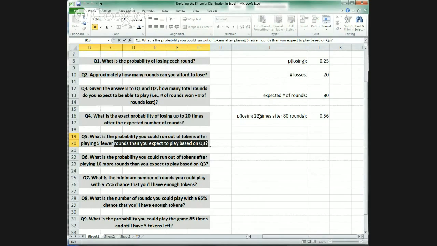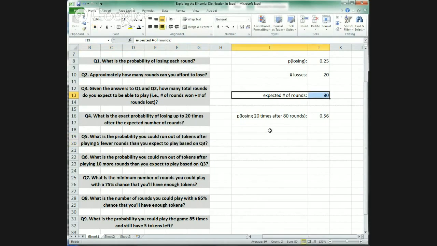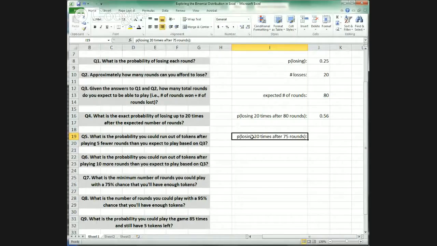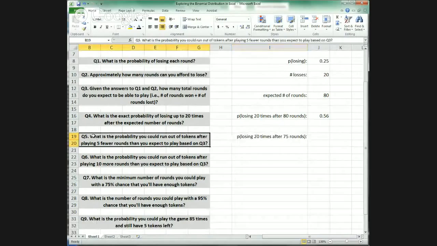So what we need to know here is exactly how many rounds we expect to be able to play. That number based off of Q3 is 80. And so what we're going to put here is the probability of losing 20 times after playing 75 rounds. What is the probability that you could run out of tokens translates into what is the probability of losing 20 times, because that's how many tokens we have.